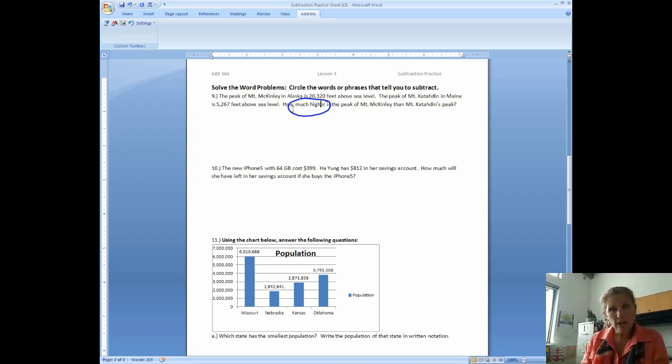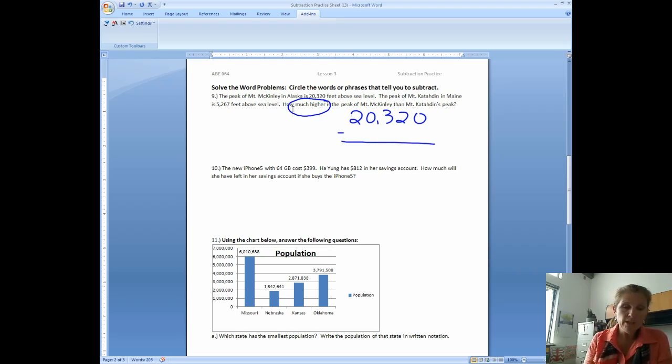Now, when I subtract, I want to put the greater number as my minuend because we're not into negative numbers yet. And anyway, in this case, it would just be a positive number that we want. So Mount McKinley is higher above sea level, so I'm going to put that first, 20,320, and then that's my minuend.